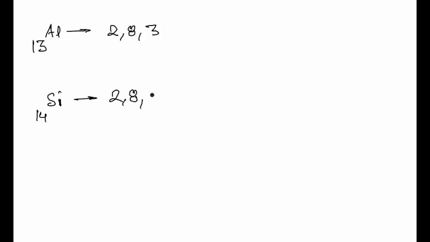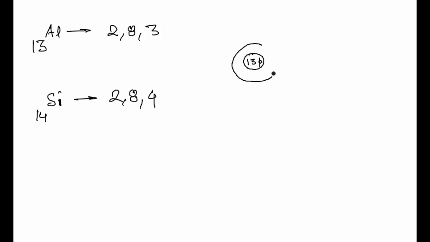What is the configuration of aluminium? Your aluminium is 2, 8 and 3. And what is the configuration of your silicon? Your 2, 8 and 4. Now you see how many protons are there in the nucleus of aluminium? Your 13 protons, because its atomic number is 13.